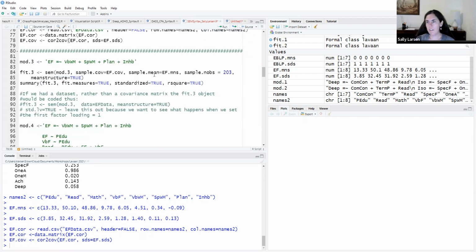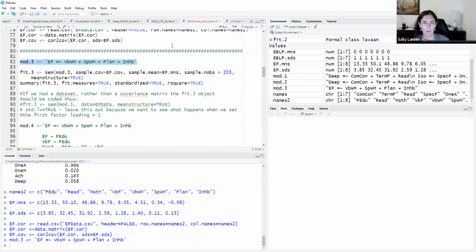Okay, so the first thing I'm going to do is see if I can run this latent variable model with these 4 indicators of executive functioning. That's what this model here is. Executive functioning is comprised of verbal working memory, spatial working memory, planning, and inhibition. Then we'll flick back to the PowerPoint and see whether we get the same loadings.